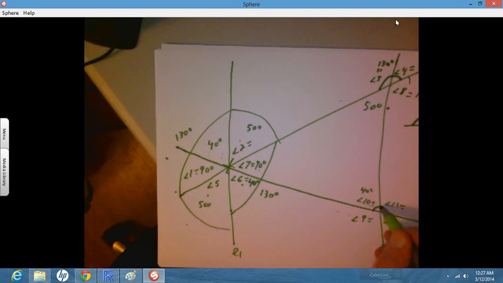So this is 40, so this has to be 140. And if this is 140, then angle 9 has to be 140 because these two are vertical angles. Now, if this is 40, this has to be 40 because those are vertical angles. Now we have every angle filled in.